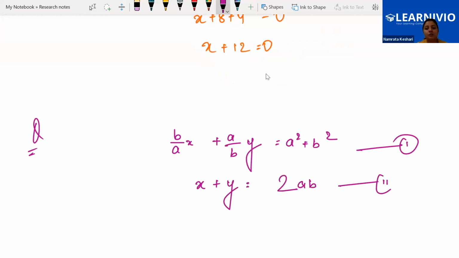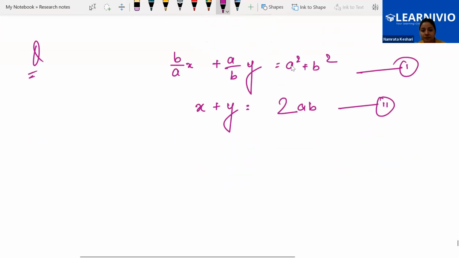Will you be able to solve it for the value of x and y, Harshit and Ziana?